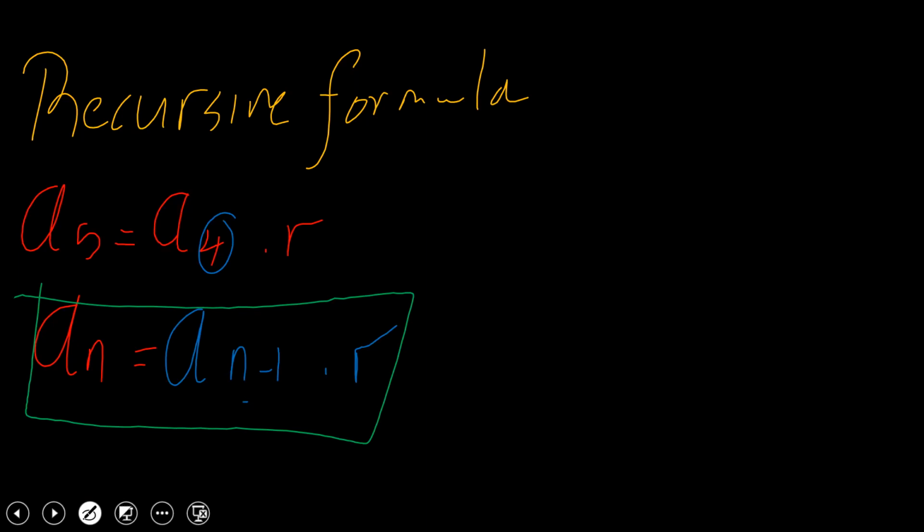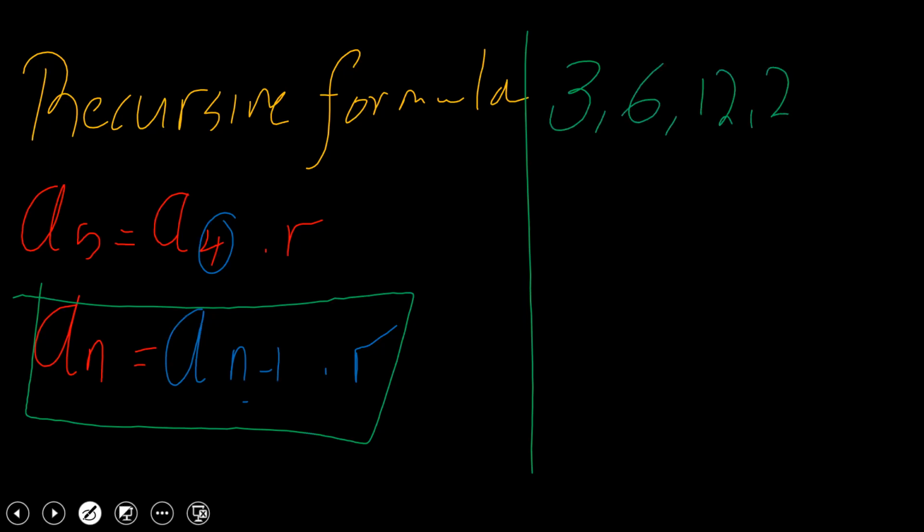This is the recursive formula. Let's have an example. Let's take the previous one: 3, 6, 12, 24, 48, and so on. What is the ratio now?